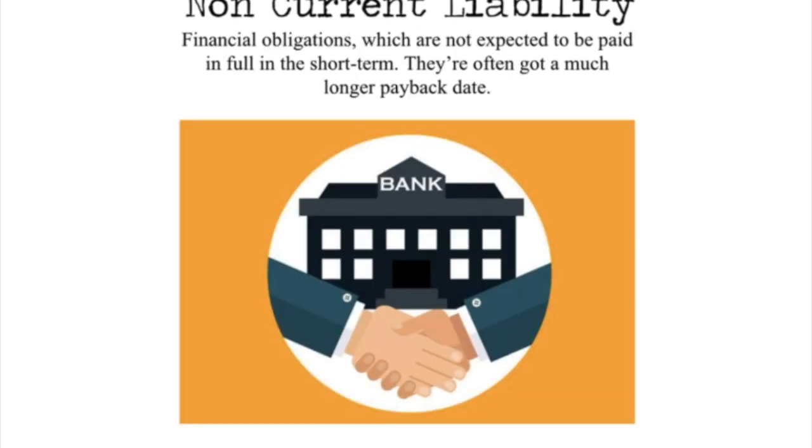So the non-current liability, as I said before, is not expected to be paid in full in the short term. They've often got a much longer payback date. If you think about what a bank issues, such as a mortgage, sometimes you're not expected to pay that back for 20, 30 years. If you consider, for example, a long-term bank loan, it might be 5 years, it might be 10 years, but you're not expected to pay it back immediately.